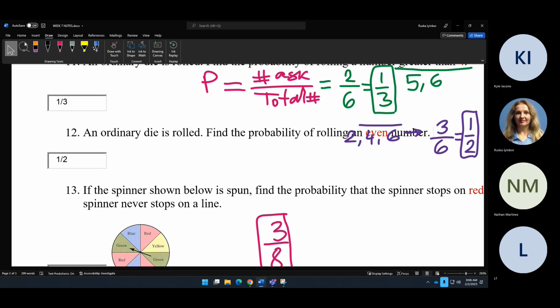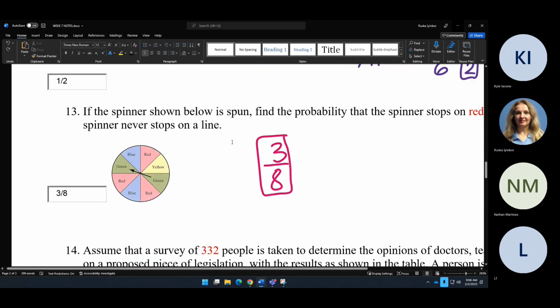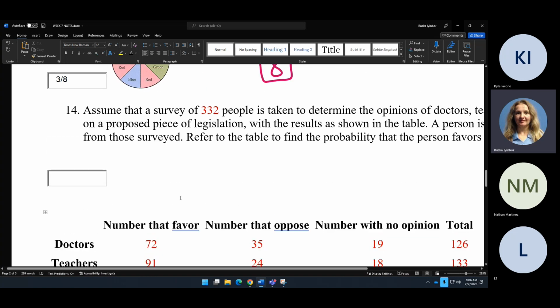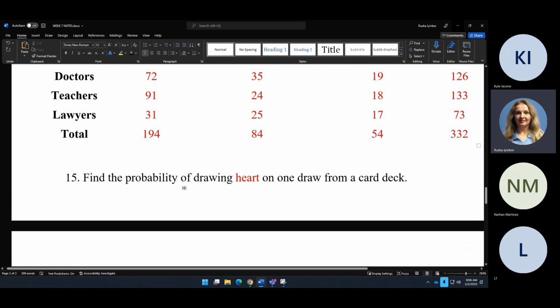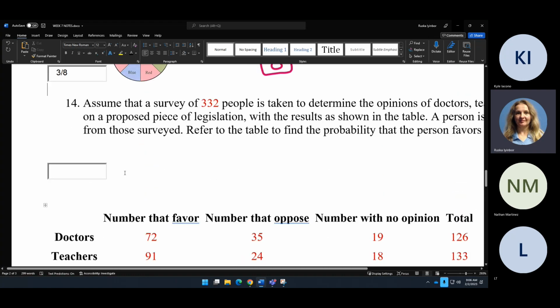Oops, no. Okay, so next one is this one, number 14. Okay, everybody good for 14?